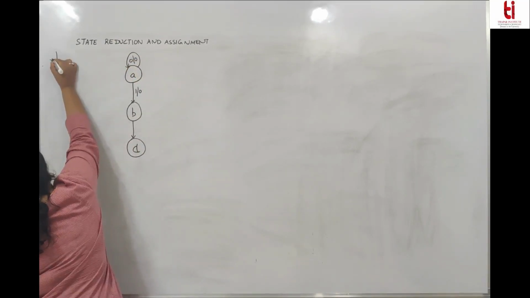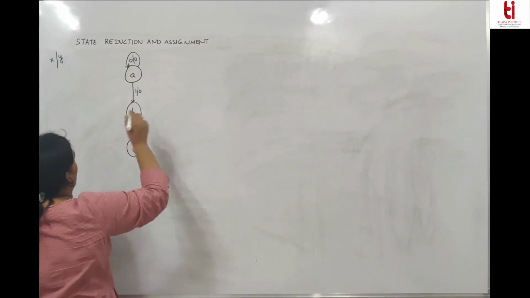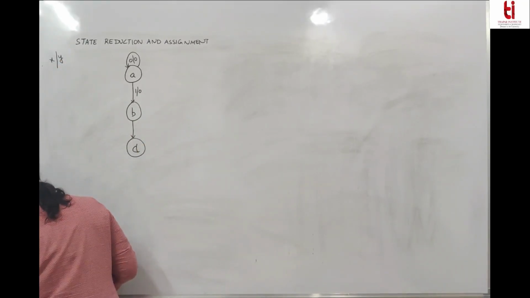If this is a dash, this means X, Y, that means input, and on the right hand side it is the output.